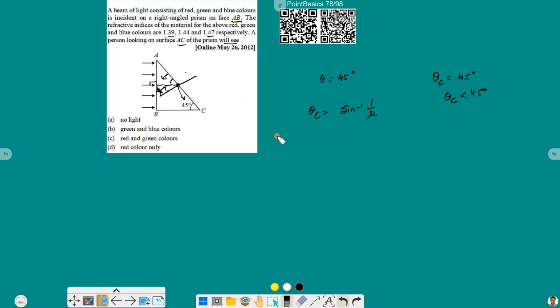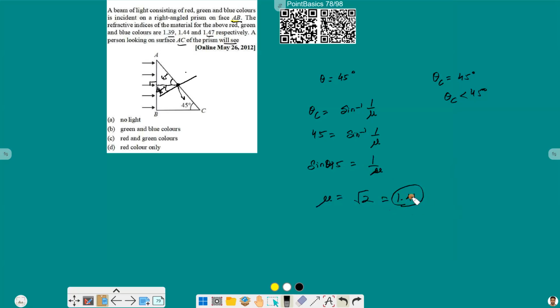So we will solve it for 45. So 45 will be equal to sine inverse 1 by mu, and sine of 45 is equal to 1 by mu. From this, mu comes out to be root 2, and that is 1.41.